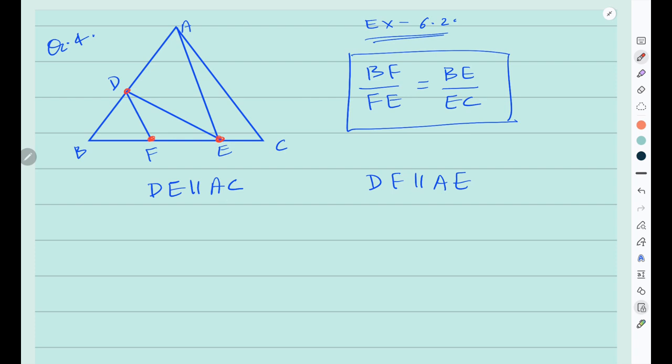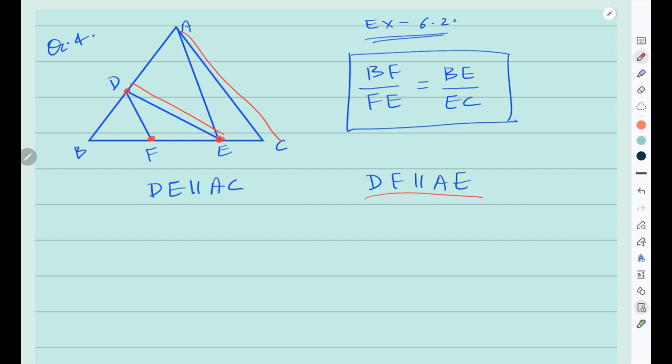DE and AC are parallel. I have made it in such a way that it doesn't look parallel, but let us assume that it is parallel. I need to change the figure, but it's okay.